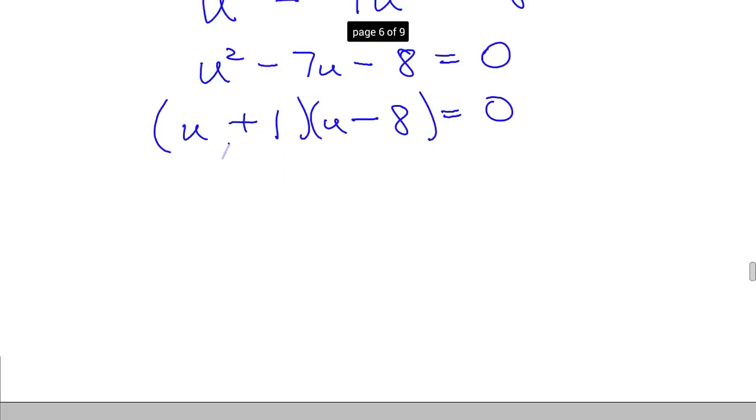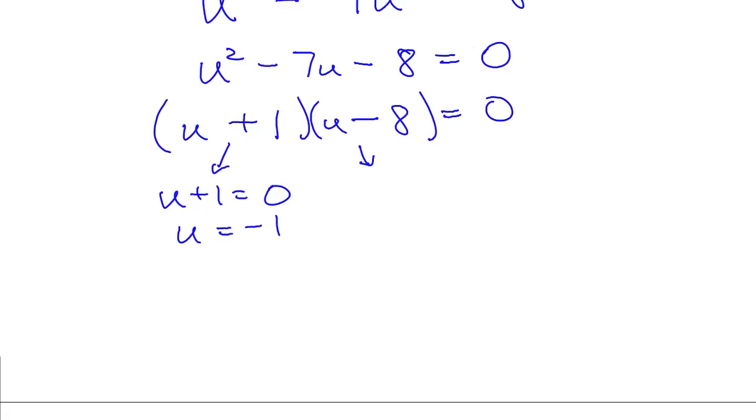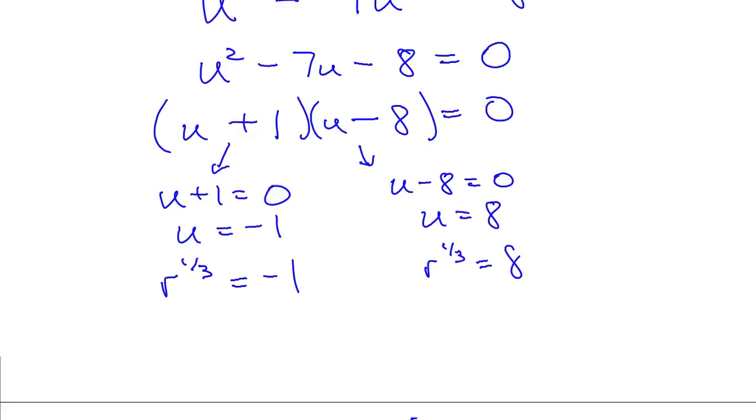Split up these factors, set them equal to 0, and solve for u. So u plus 1 is equal to 0 means u is equal to negative 1. u minus 8 is equal to 0 means u is equal to 8. Back substitute what u is equal to. So from above, u is equal to r to the 1/3 power is equal to -1, and r to the 1/3 power is equal to 8.